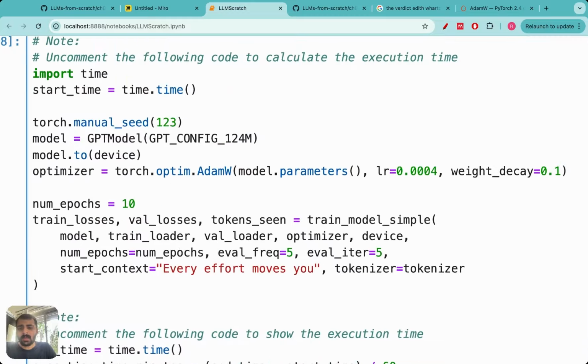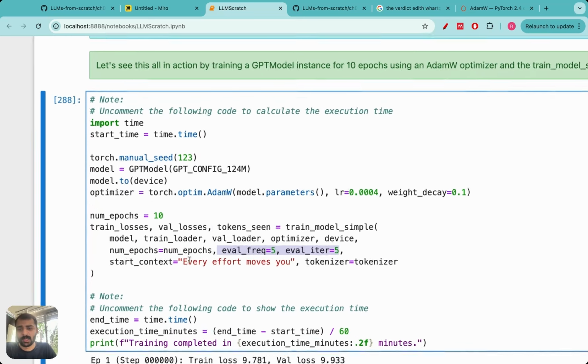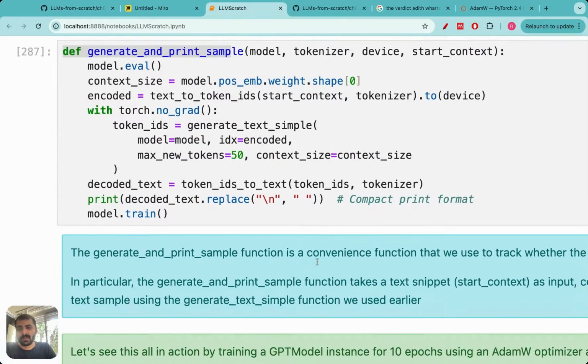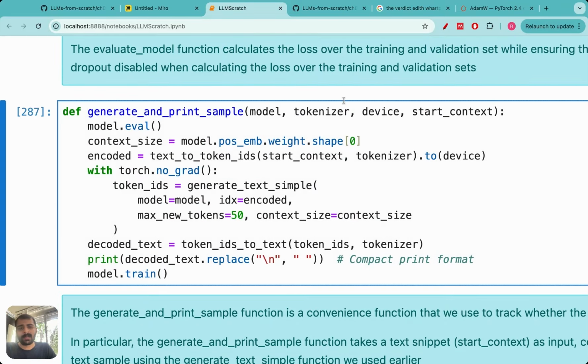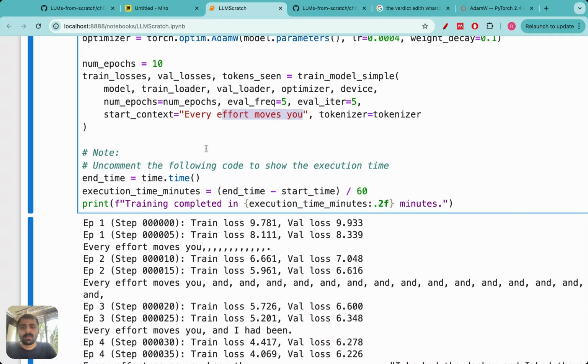Okay. Now, one more thing is that the evaluation frequency and evaluation iteration is 5, which means that after every 5 batches, I am going to print the training and the validation loss. And the initial text which I have given is "every effort moves you", because the generate and print sample function requires us to give an initial text. Then it will print out what the LLM is predicting for this initial text.